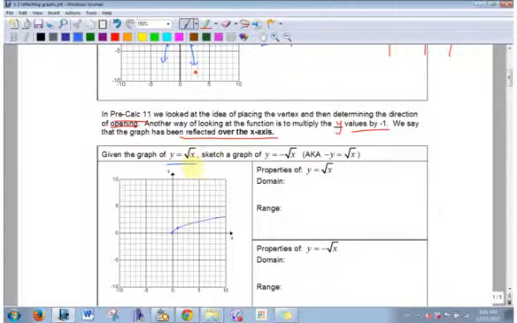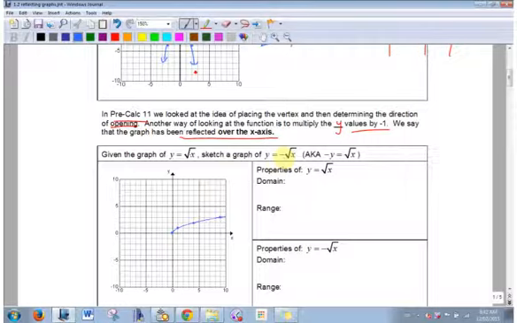And then I probably want to go up to 4, because I know the square root of 4 is 2. Okay, and then the next one I probably want is 9. If x is 9, y is 3. So this is 10, so that's 9, so that's 1, 2, 3. Okay? So that's what that looks like. It's already there for us.